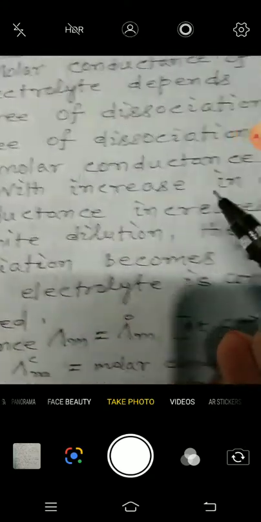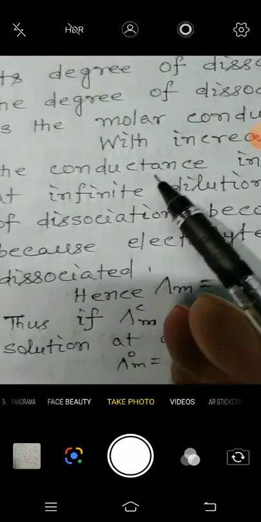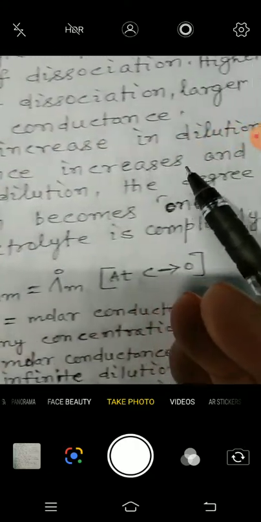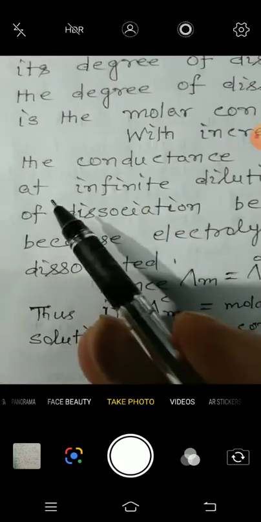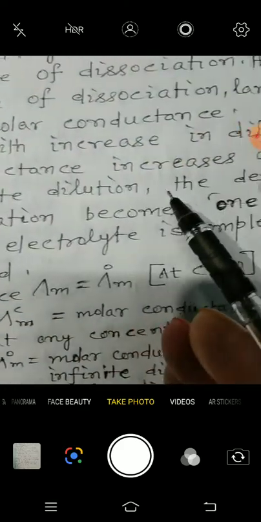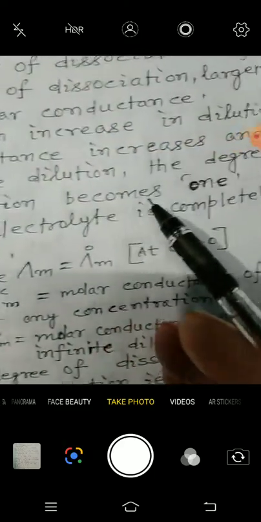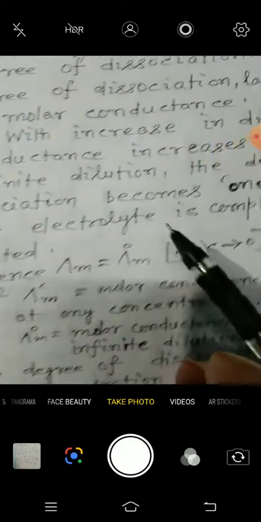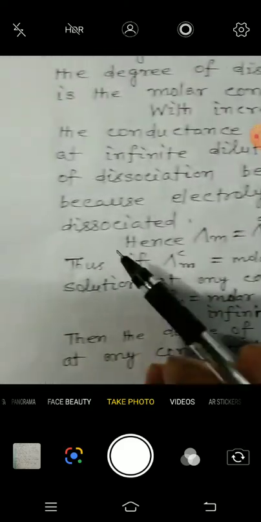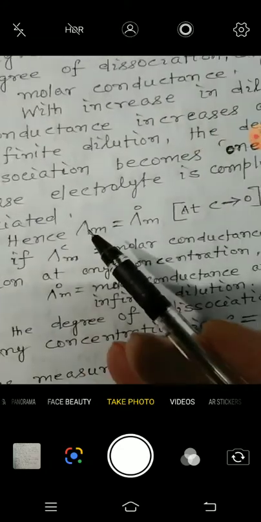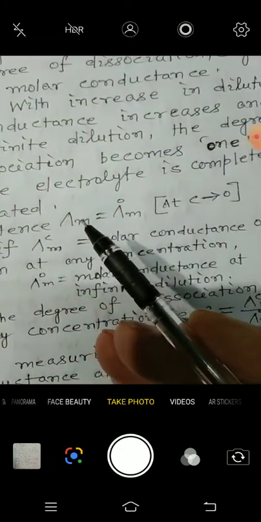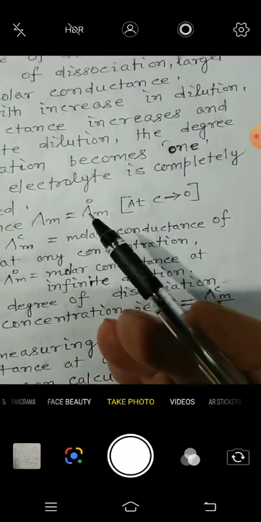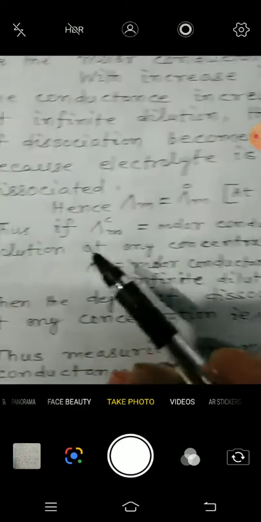With increase in dilution, the conductance increases, and at infinite dilution, the degree of dissociation becomes 1, because the electrolyte is completely dissociated. Hence, molar conductivity will be equal to limiting molar conductivity at C tends to 0.